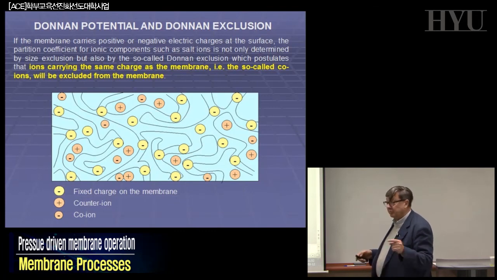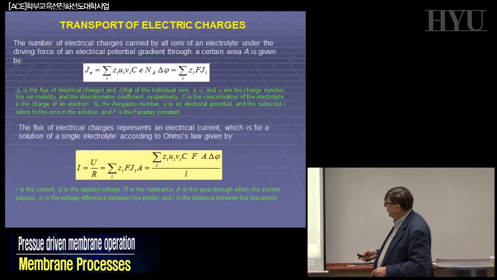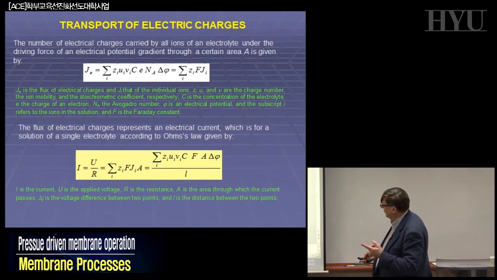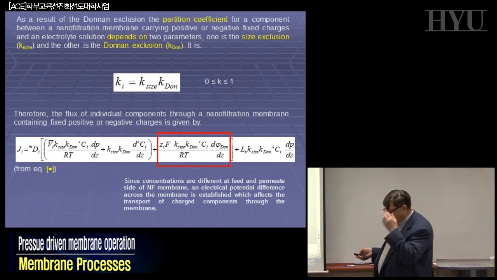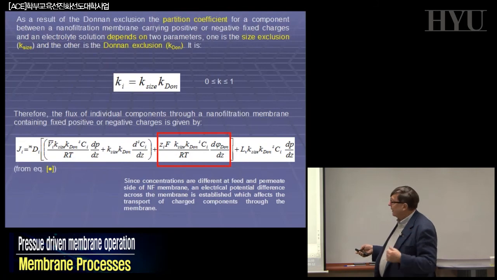This kind of effect is present in nanofiltration and is at the origin of this conclusion here, which we will derive with the equation tomorrow: when you discuss nanofiltration membranes, the partition coefficient that we measured before is more complicated than the normal one.